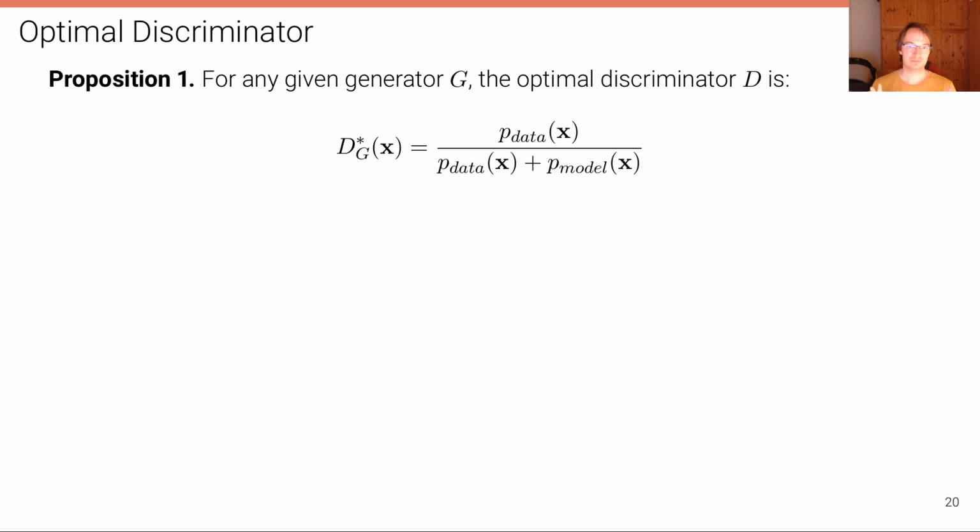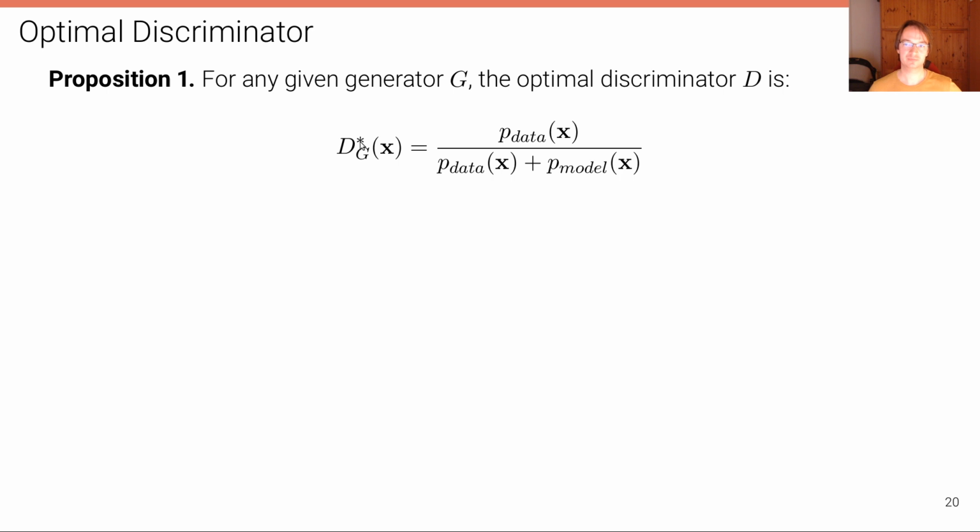Now the first theoretical result is on the optimality of the discriminator. That's called proposition 1 in the paper. What this proposition says is that for any given generator G, the optimal discriminator D is given by this expression.